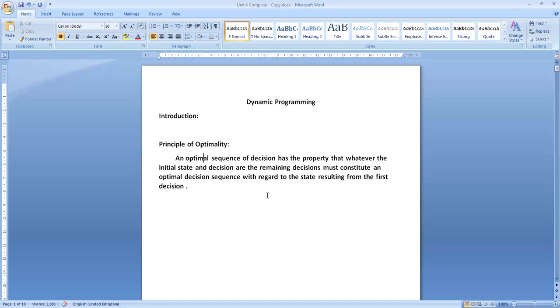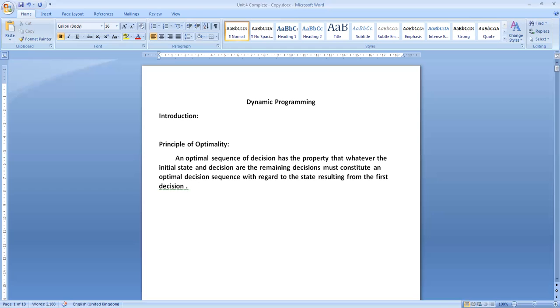That is this principle of optimality. Again, I tell you, an optimal sequence of decisions has the property that whatever the initial state and the decisions are, the remaining decisions must constitute an optimal sequence with regard to the state resulting from the first decision.